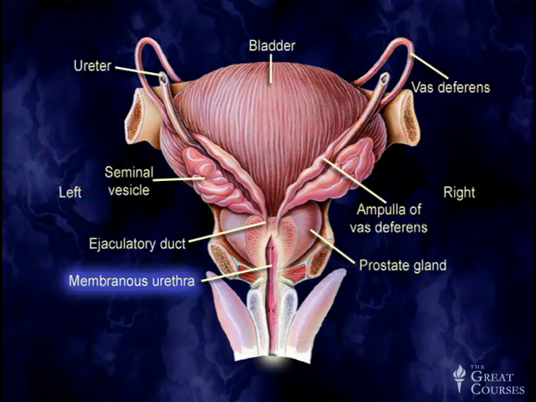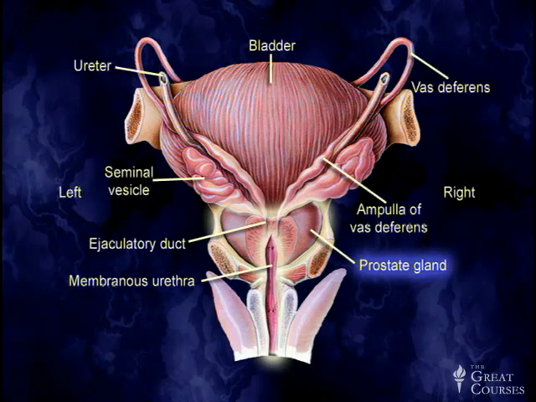Now, this little gland, which is about the size of a walnut, acts and is set up almost like a hand-warming muff. Here's the urethra going through the middle, and this completely surrounds the base of the bladder and the exit through the urethra.